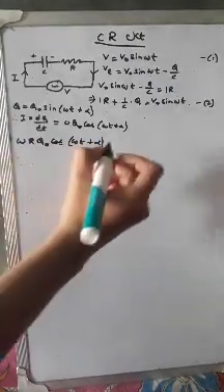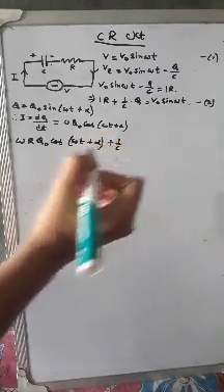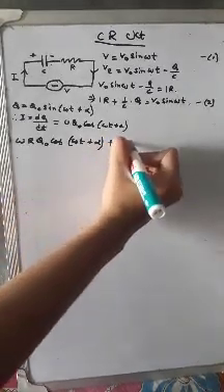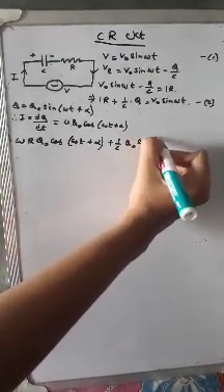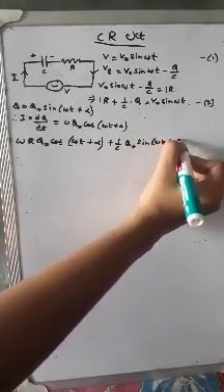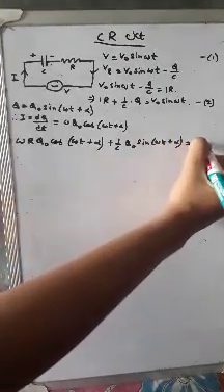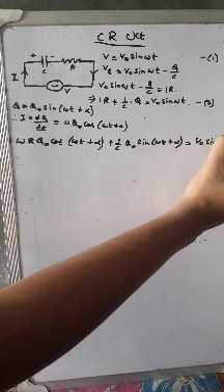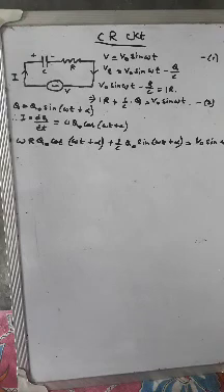Plus 1 by C Q naught sine omega t plus alpha, which is equal to V naught sine omega t. Now I will explain, students, what I did here.